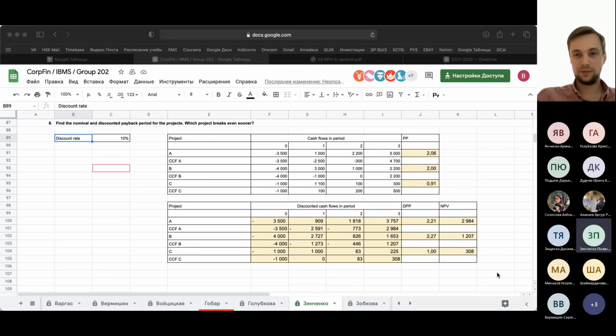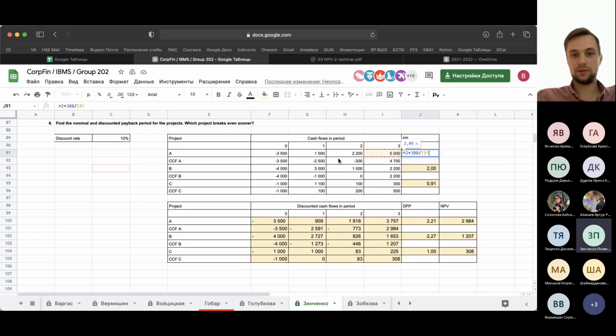Here we had to find a payback period, and in order to find this, we need first of all to find the break-even point, the last negative number in CCF. For example, in project A, it's minus 300 and it's period 2. So when you click on my formula, PP, we can find that we need to sum up our second period with the number 300 divided by the next cash flow, which is 5,000.